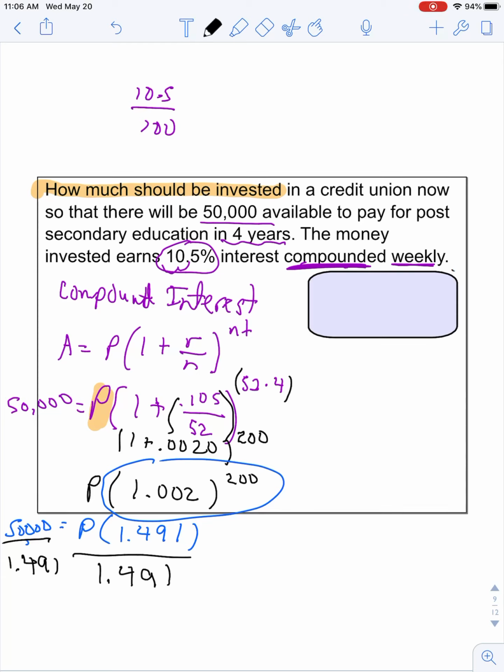I'm going to take 50,000 divided by 1.491. And that gives me that my P, the amount I need to invest, is $33,534.54. Okay? So we just found our P.